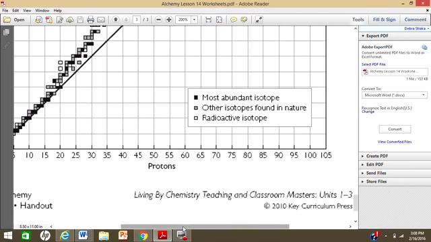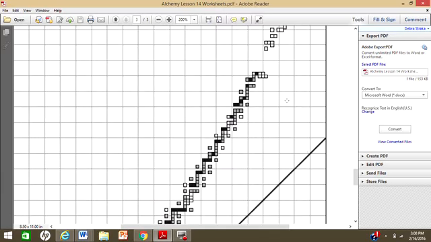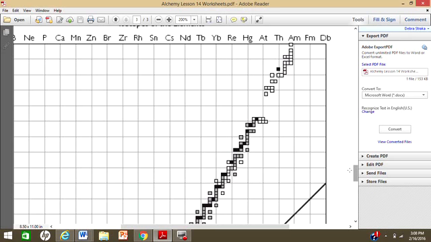So you're going to find a line and go straight up it, and everything sitting on that line needs to be white. Okay, so for example, if you followed this line, these both are white. So whatever this element is, they have nothing but unstable or radioactive isotopes.